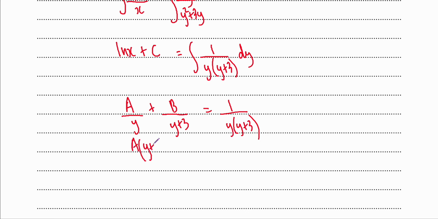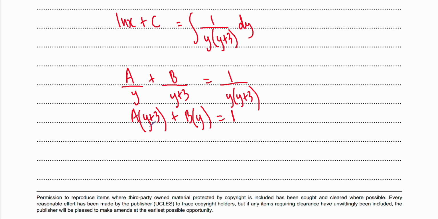So you have a times y plus 3 plus b times y is equal to 1. Now, when y is equal to 0, we have 0 plus 3, so that's 3a plus 0b is equal to 1. That means a is equal to 1 over 3.